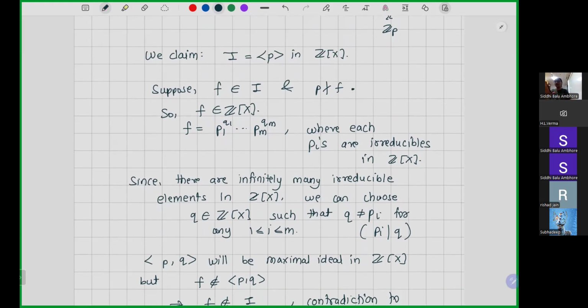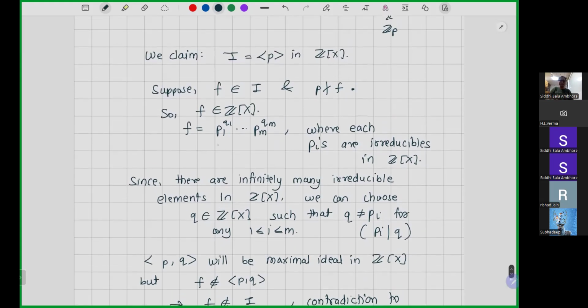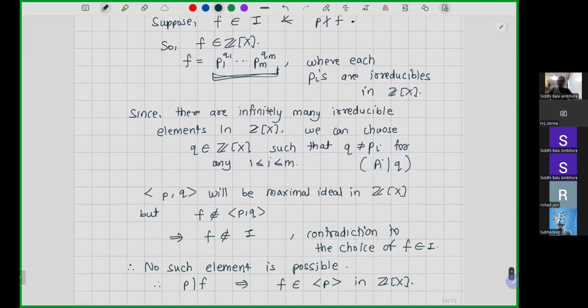So P does not divide F, and F is of this form, some element which is not divisible by P. Every element of Z[x] can be written as a product of irreducible elements, and there are infinitely many irreducibles in Z[x].